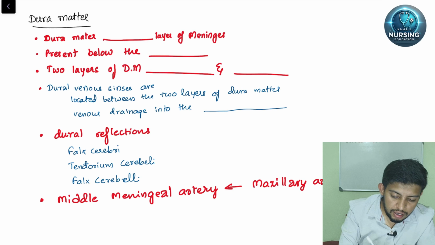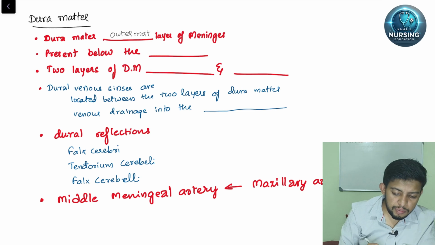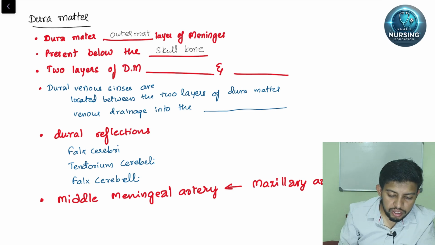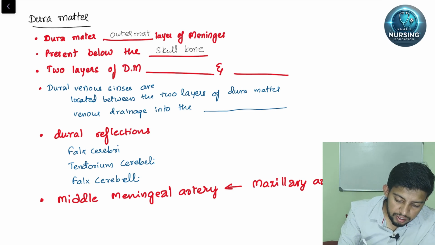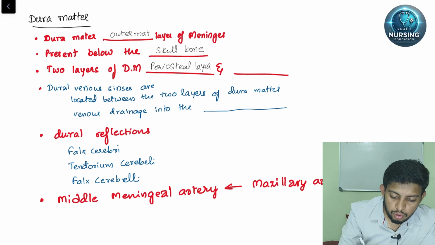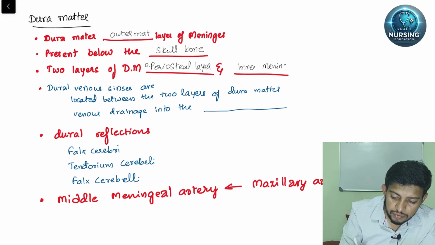The dura mater is the outermost layer of the meninges, present below the skull bone. The two layers of the dura mater are the outer periosteal layer and the inner meningeal layer, isn't it? Okay.